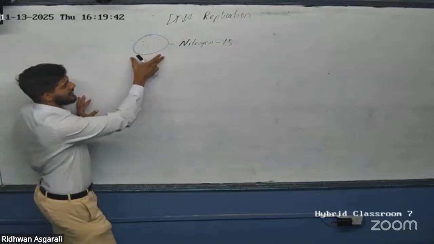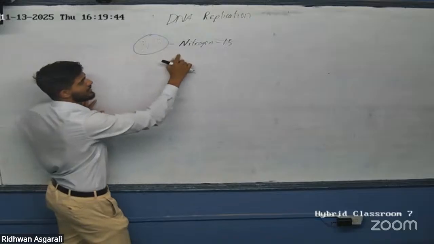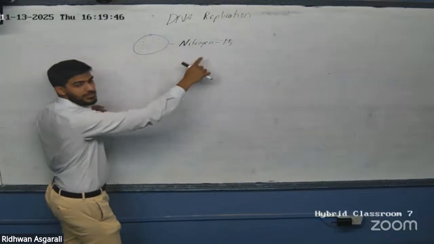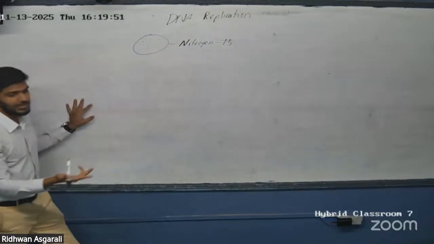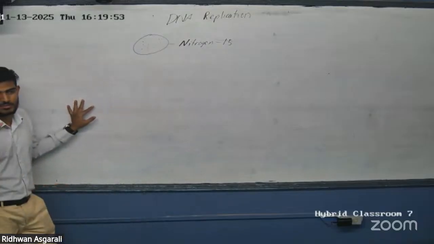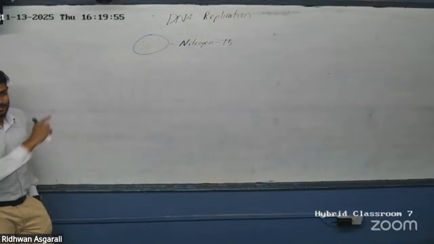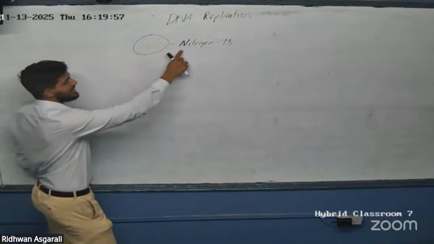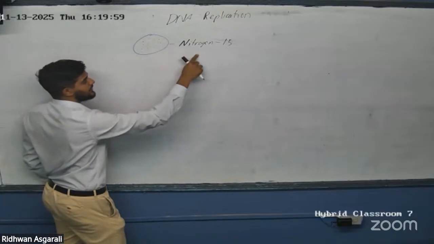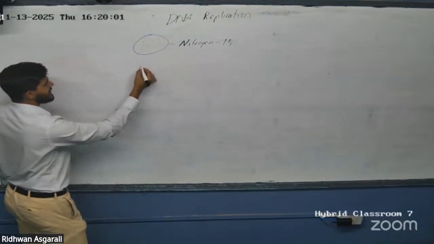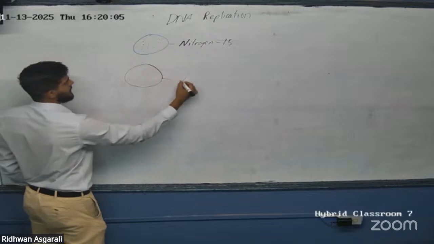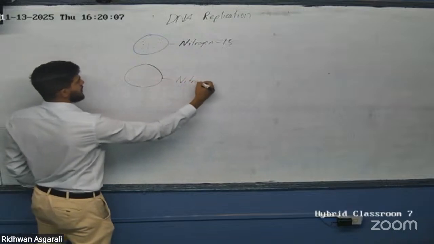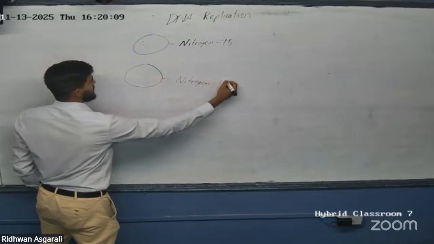Now these E. coli would have DNA strands containing nitrogen 15. Remember, nitrogen makes up the DNA. Remember the structure of the nucleotides, it had nitrogen in it. So their DNA would contain nitrogen 15. At the same time, they cultured the next plate, but this time it contains nitrogen 14.